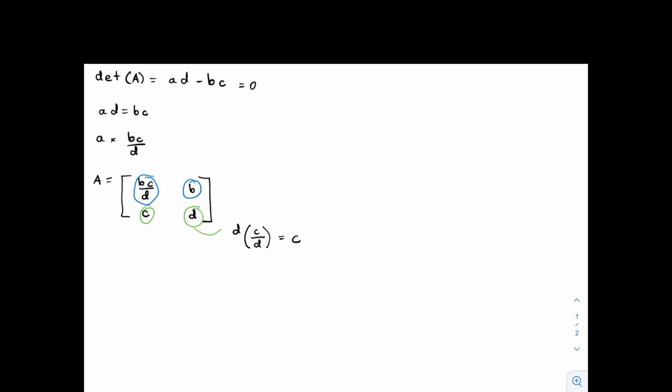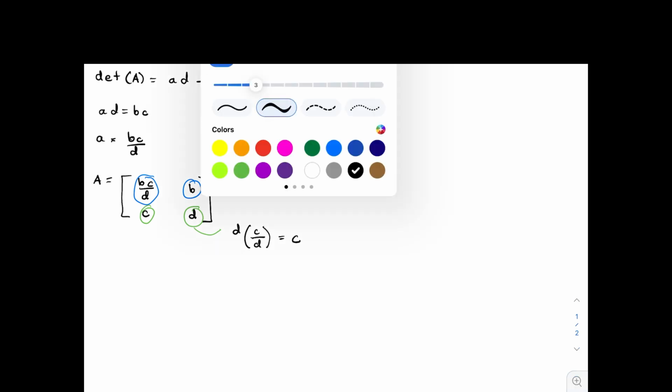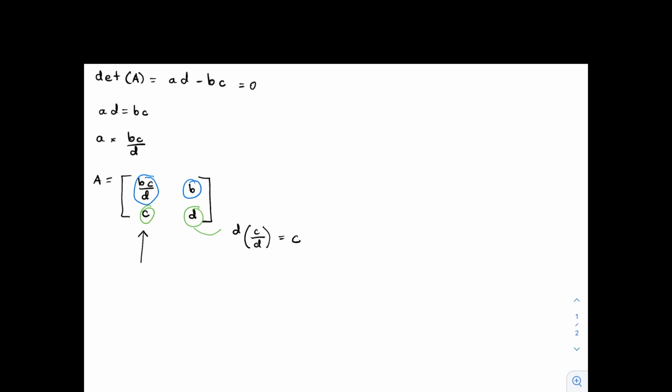So what this is demonstrating is that this first column here is a scalar multiple of this second column here. And if that's the case, then your matrix is not going to be invertible.